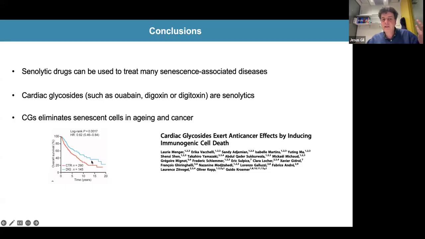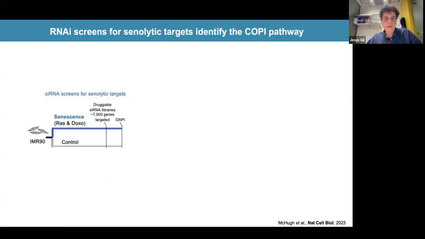What we can see is that the ones treated with digoxin have better overall survival ratios than the ones that were not, suggesting that perhaps this cardiac glycoside working as a senolytic, or through other mechanisms, might explain part of these benefits.